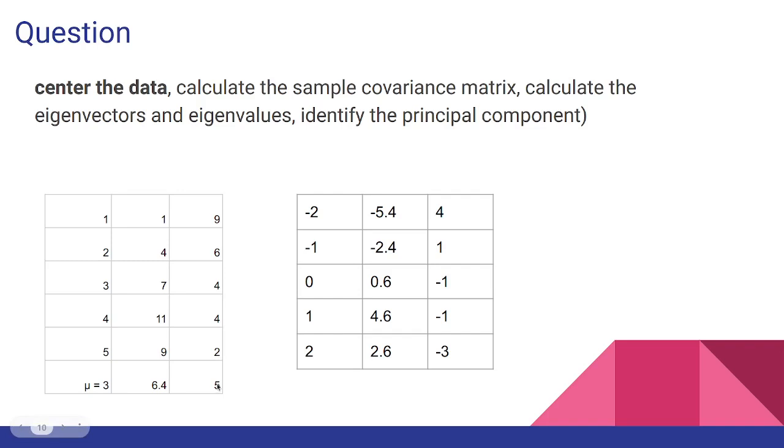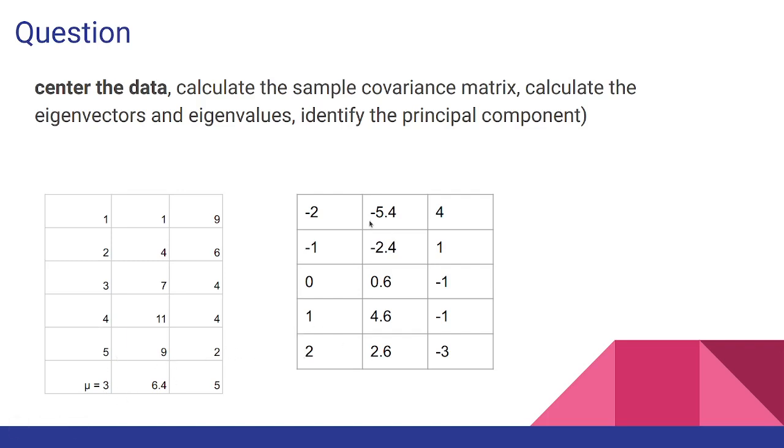Basically, in each column we subtract the mean. So 1 minus 3 is minus 2, 2 minus 3 is minus 1, 3 minus 3 is 0, 4 minus 3 is 1, 5 minus 3 is 2.